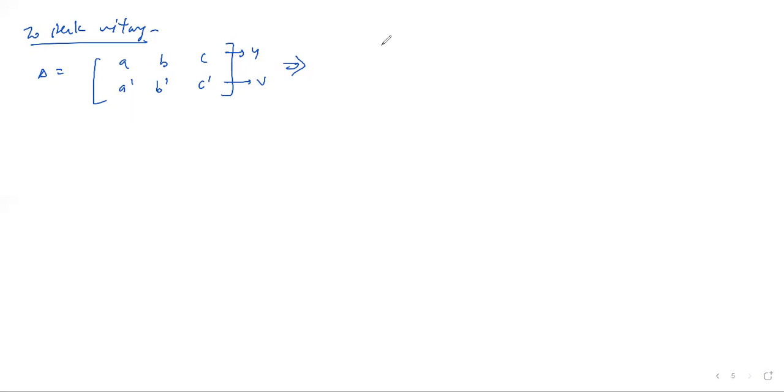orthogonal. Okay, if these are orthogonal, and if the corresponding dot products U dot U and V dot V are equal to 1, then these are the corresponding equations: U dot V is equal to 0, and U dot U and V dot V are equal to 1. So then we can say that this is a unitary matrix, and you can see that these are the same properties as for orthogonal matrices too.